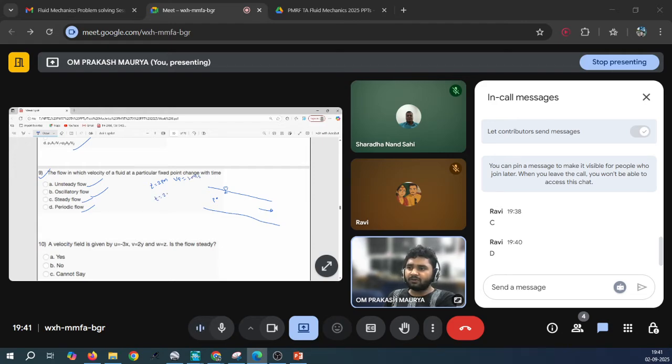At 2:20 pm, the velocity at the same point is 1.5 meter per second. At 3 pm, the velocity at the same point is 1.2 meter per second. So it is changing with respect to time. Such a flow we know by this name: unsteady flow.